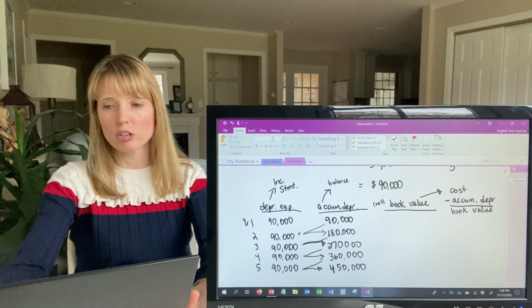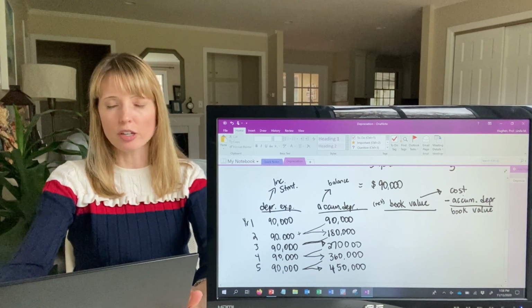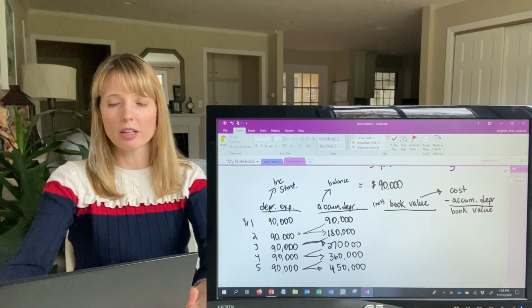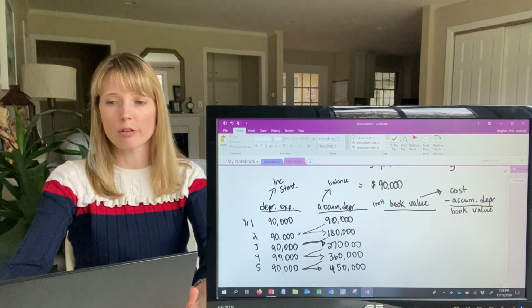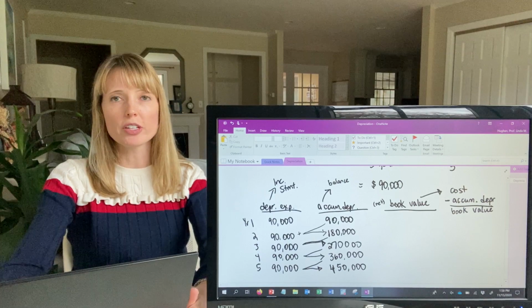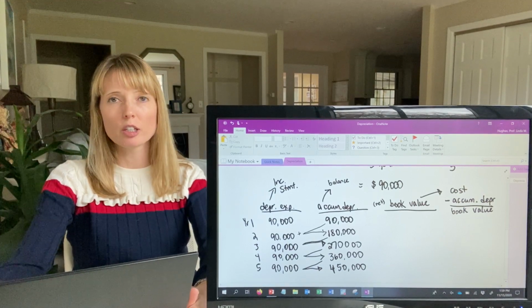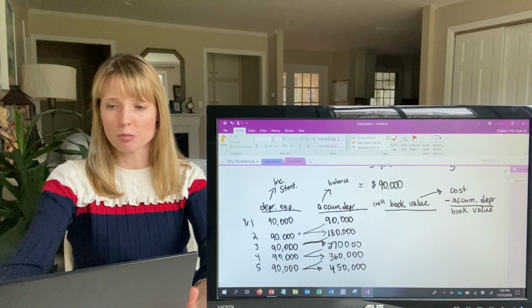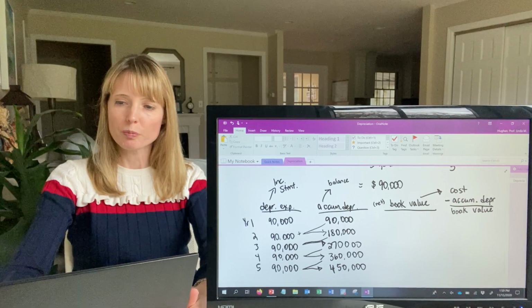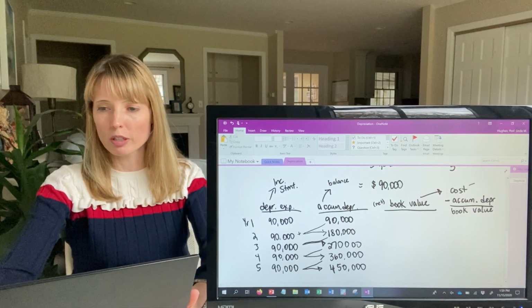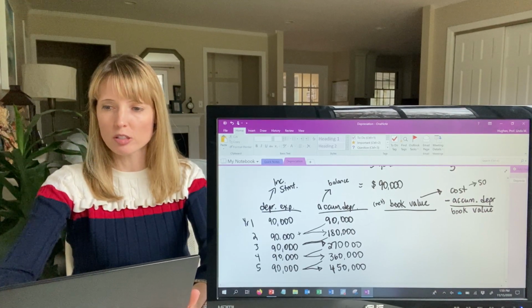We've done calculations like this other times during the semester. Remember, we also had accounts receivable less the allowance for doubtful accounts, which was called the net realizable value. Here we call this the net book value, or sometimes just book value. So the cost always remains 500,000.